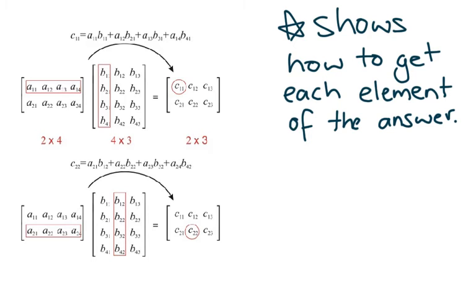So you can see we would do the first element in matrix A times the first element in matrix B. Then we add on element A1,2 and multiply it by element B2,1, and so on. And then it tells you how we could achieve element C2,2, which is the element in the answer in row 2, column 2.